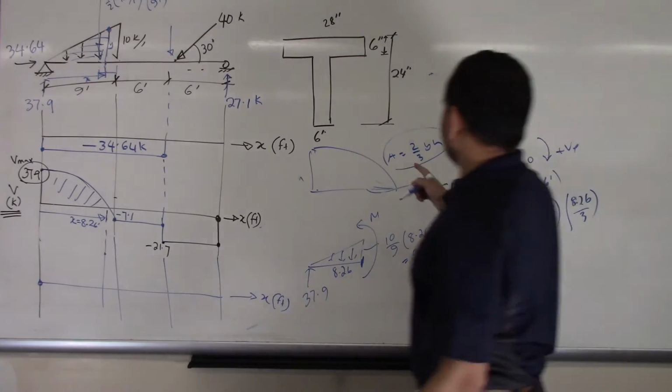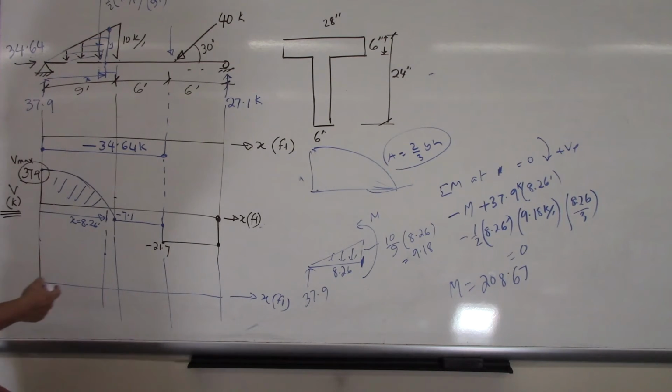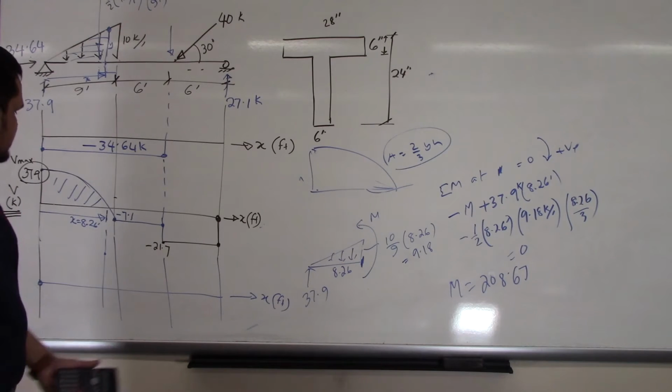So initially we got how much here? I forgot, 209 most probably. Now we got 208.67. So it's good, yes.